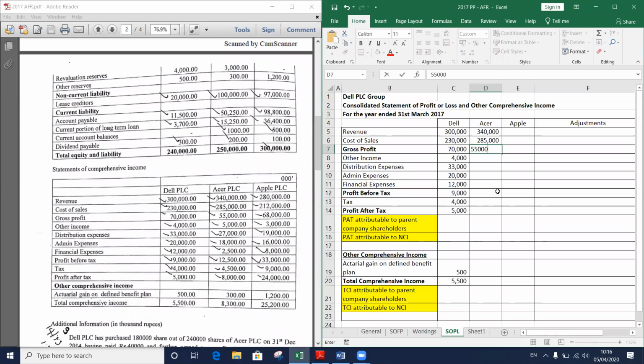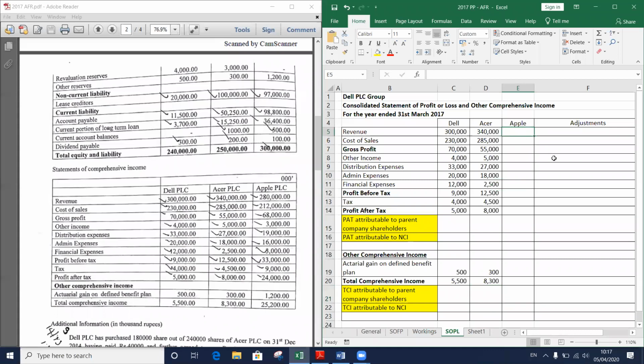285,000, 55,000 like that. Right, other income 5,000, 27,000, 18,000, 2,500, 12,500, 4,500, 8,000, actuarial gain 300, 8,300.